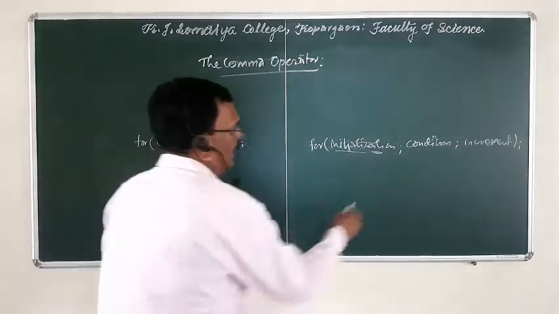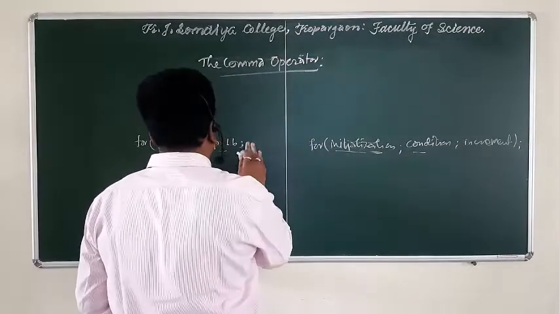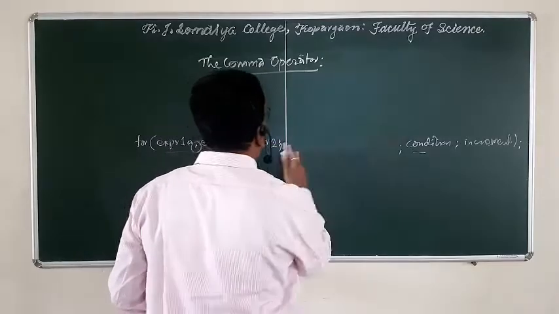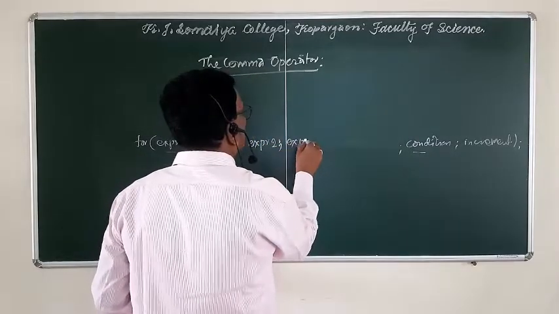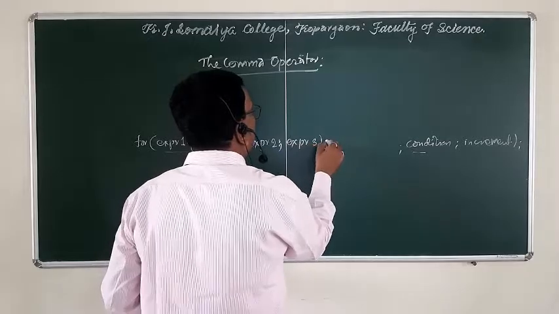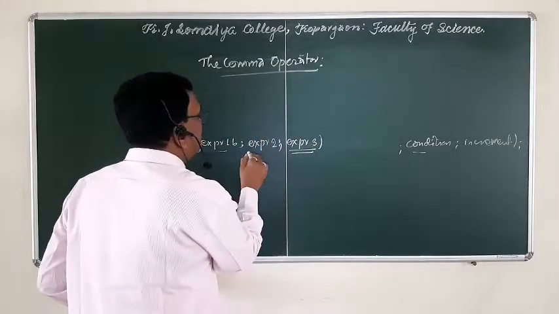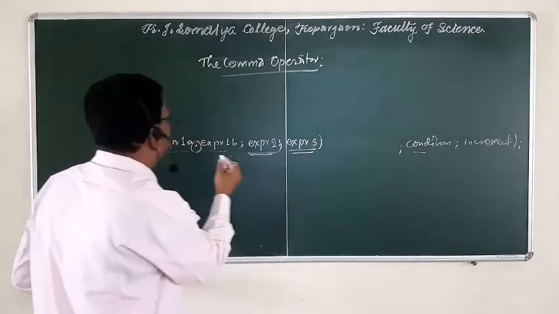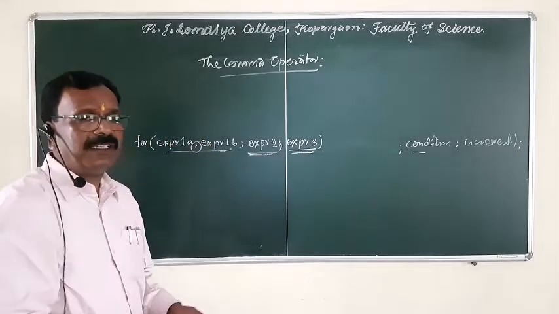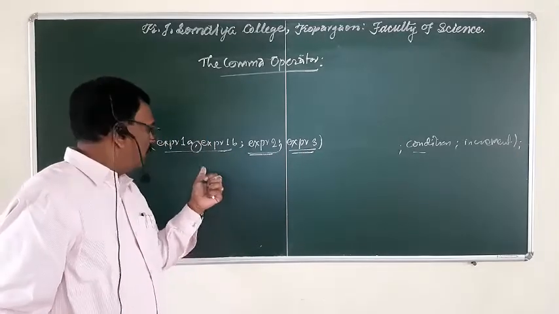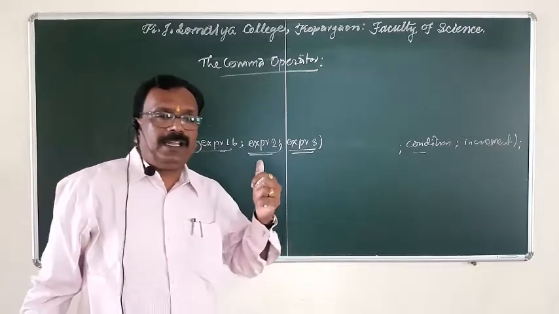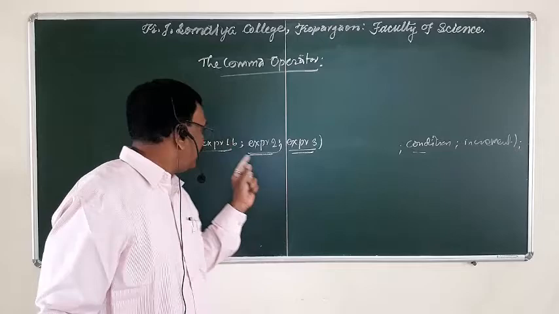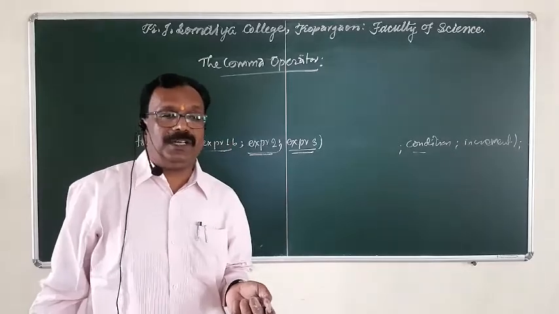And then the remaining condition, that is expression 2, then the last expression 3. This is the initialization expression, this is the conditional expression, and this is the increment expression. In the initialization expression, expression 1a and 1b are two initialization expressions separated by the comma operator.